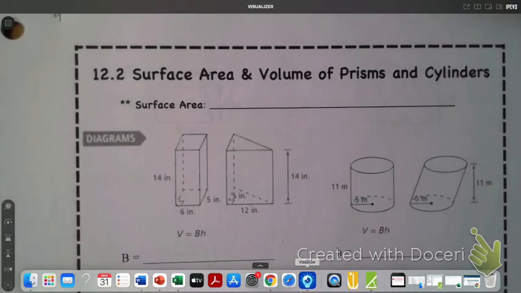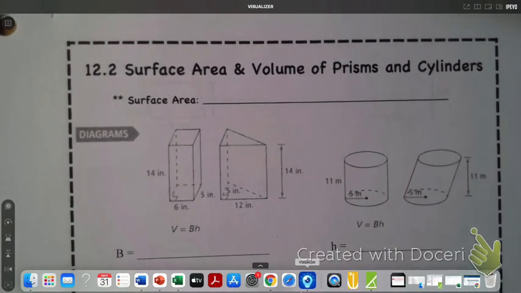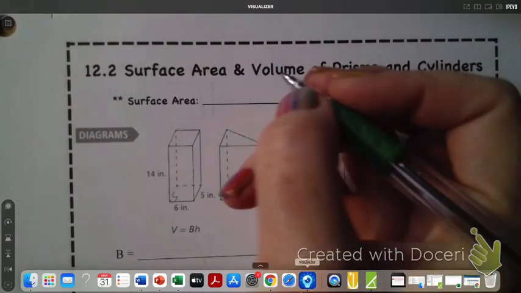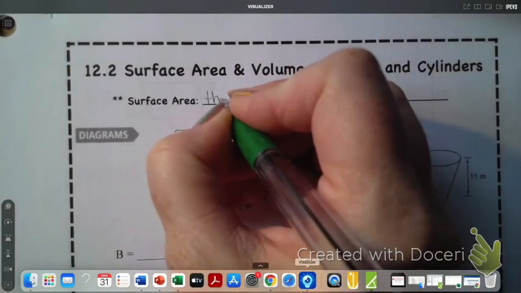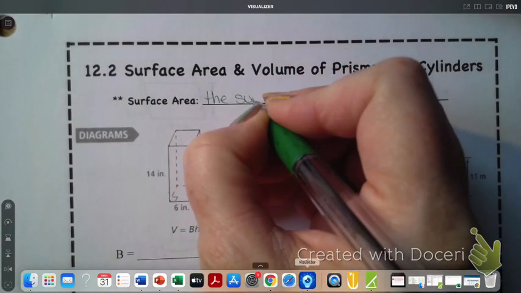Okay, 12.2 surface area and volume of prisms and cylinders. Surface area. Surface area is the sum. What does sum mean to do?